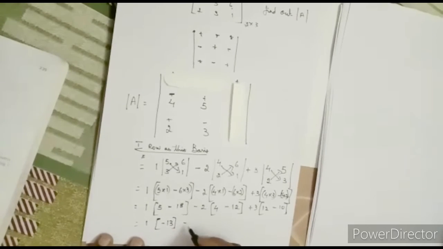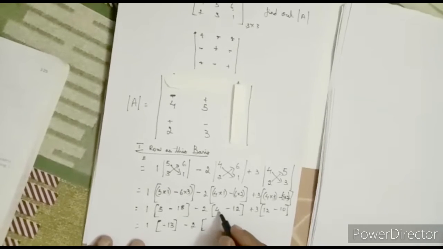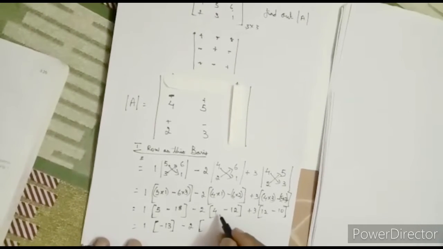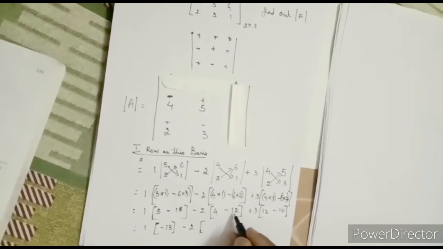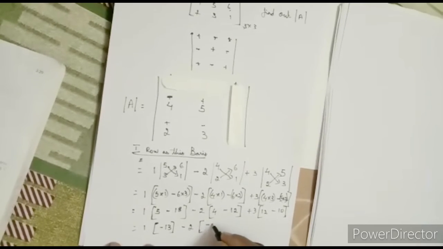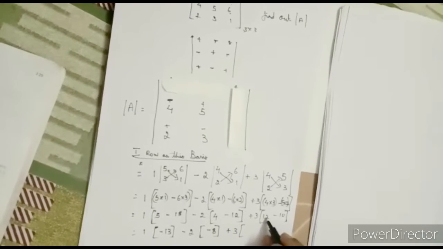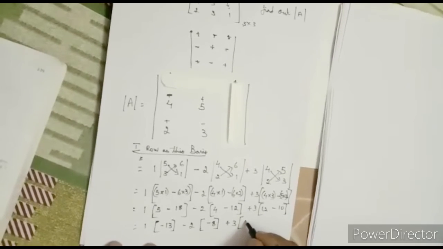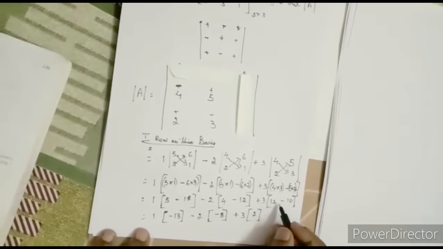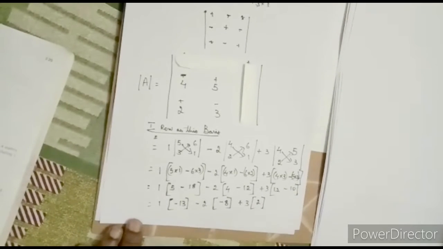Minus 13 minus, here we write 2, then 4 minus 12. Once again plus into minus is minus, so 4 minus 12 comes to 8, minus 8. Then plus 3, then 12 minus 10 is 2, plus 2, because 12 is higher than 10, therefore plus 2.